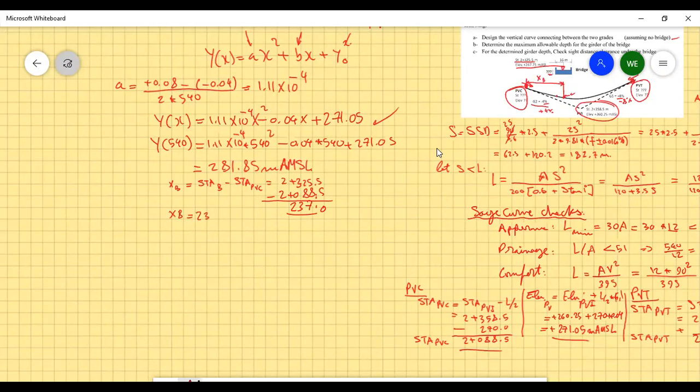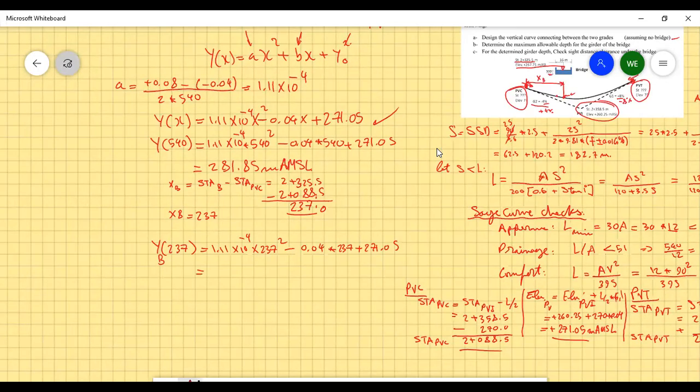So x bridge equals 237. So let's find the elevation of the pavement surface at this point. So Y at Y bridge, it will be at 237, equal 1.11 multiply 10 to the power minus 4 multiply 237 square minus 0.04 multiply 237 plus 271.05.